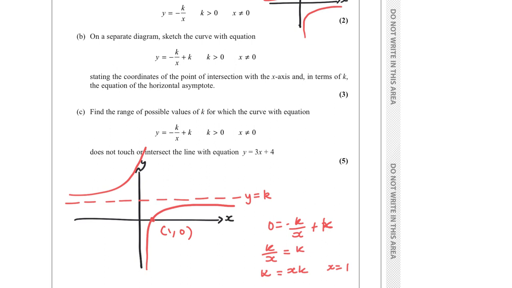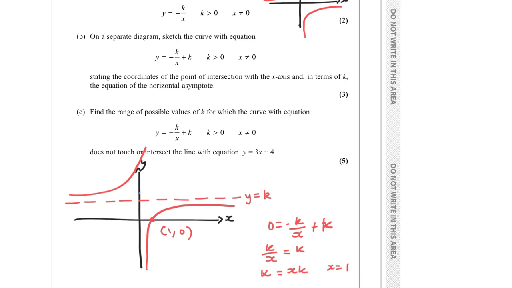Then part C. Find the range of possible values of k for which the curve of the equation does not touch or intersect the line with the equation y equals 3x plus 4. Okay, well, if I think about 3x plus 4, let's put the line here. No, I'm going to get my ruler, actually.